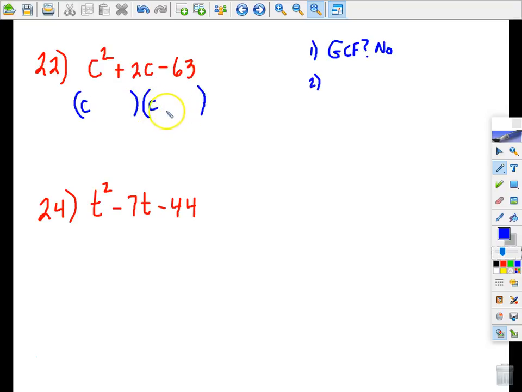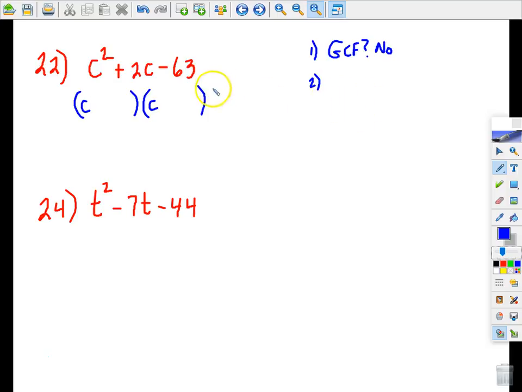And when I do, using the FOIL method, would I get this red quadratic trinomial? So some people call this process that we're doing now unfoil, because if we actually do the multiplication, we should get this. So we're kind of working backwards. We're taking the trinomial and trying to come up with what would be multiplied using the FOIL method.